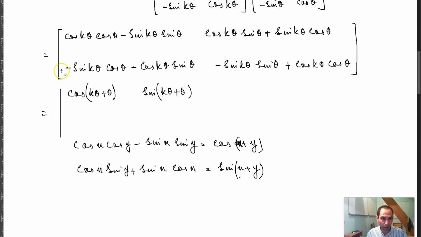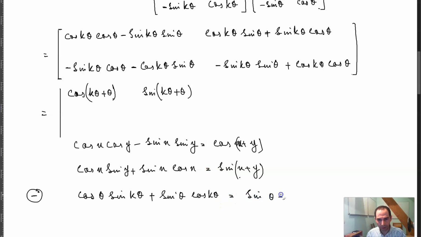Over here, if I take a negative out, I'll end up with cos theta sin k theta, and I have a negative sign over there, don't forget, plus sin theta cos k theta, which, based on this formula, I can write as sine of theta plus k theta.